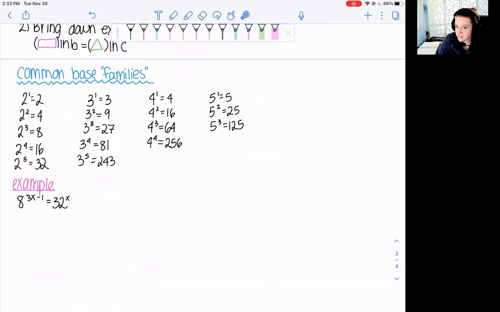The next question we ask ourselves is, are 8 and 32 in the same common base family? Do they exist in any common base family together? To which the answer is yes. 8 and 32 are both powers of 2.